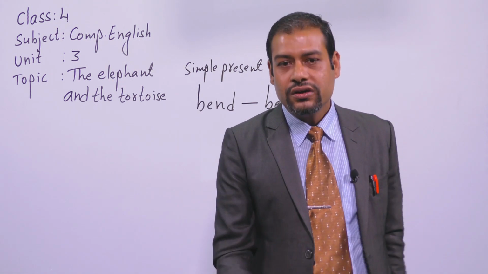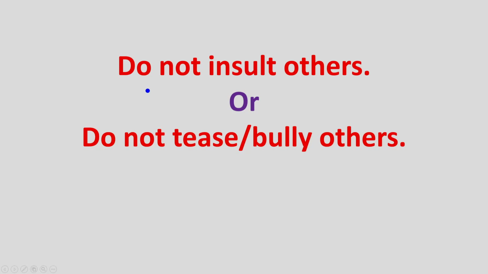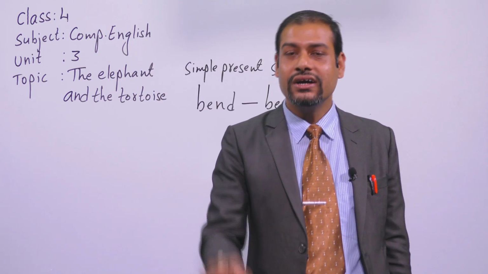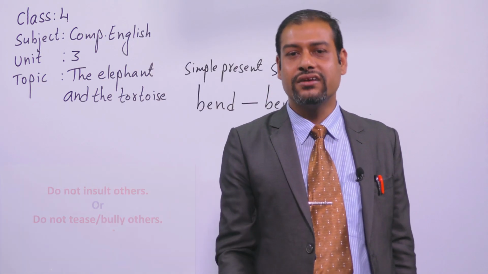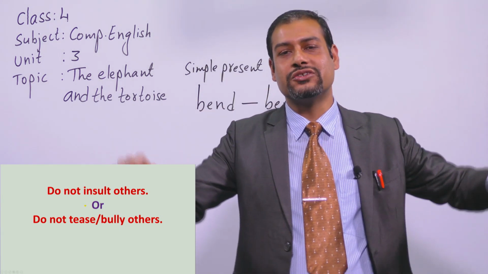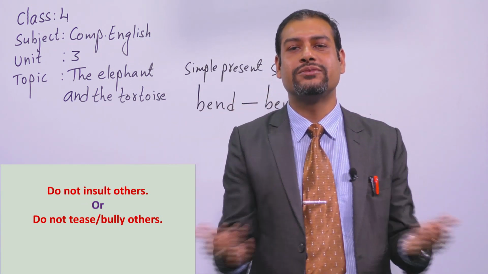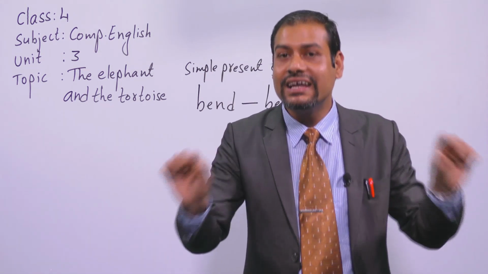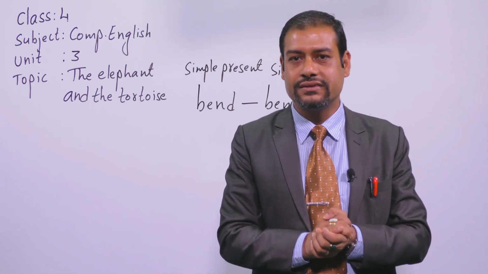So our lesson of this story is: do not insult others, or do not tease or bully others. Is your lesson, your moral, right with this one? If you wrote something similar to this, no problem. But you have to understand this type of lesson from this story.